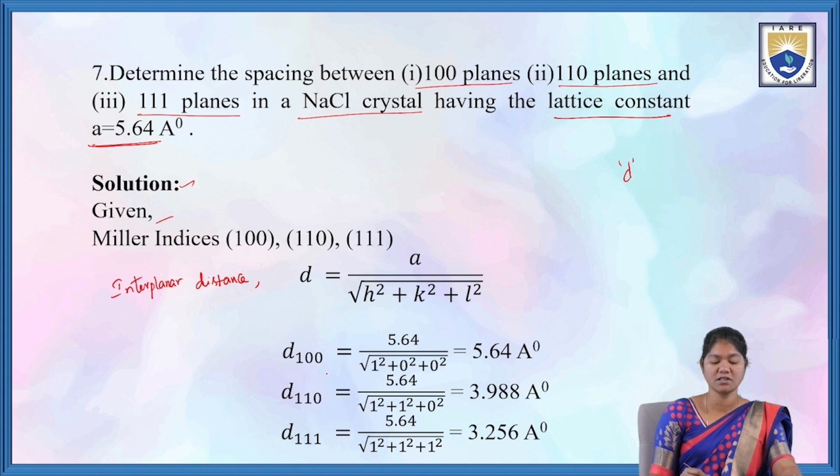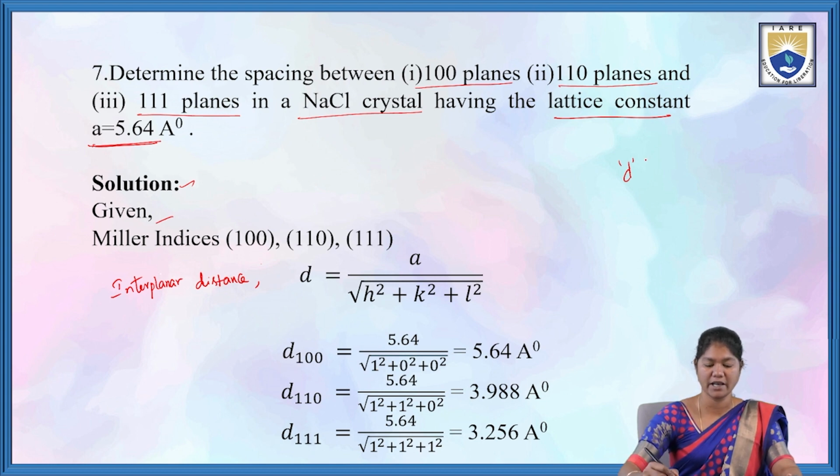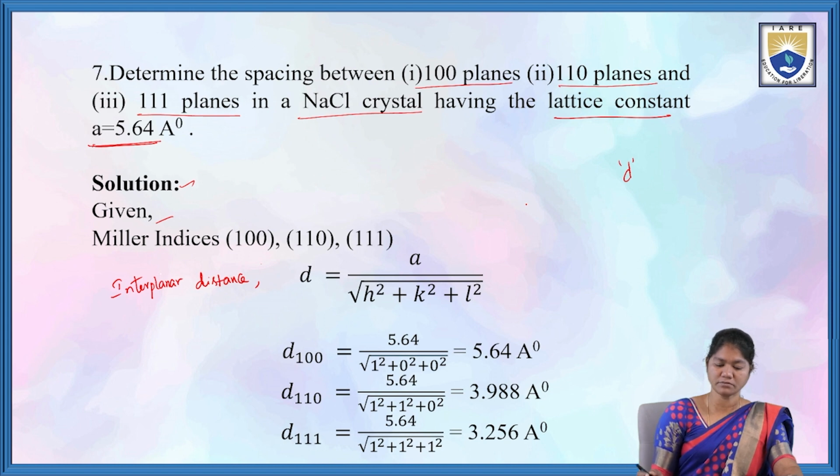So for the plane, d100 is equal to a by root of h square plus k square plus l square.